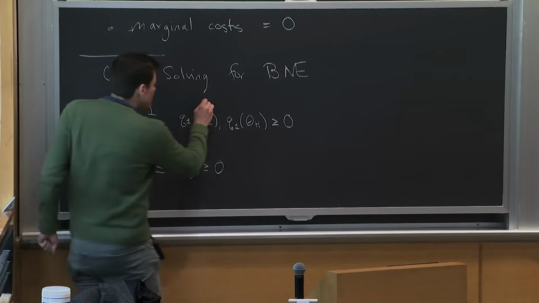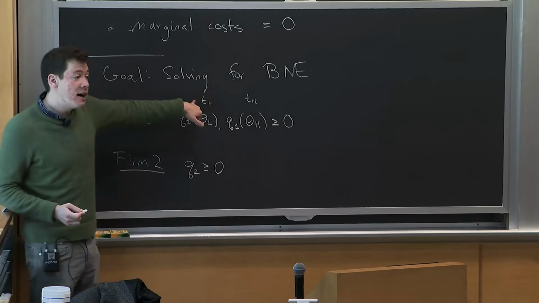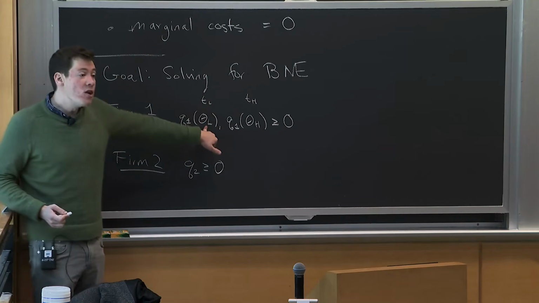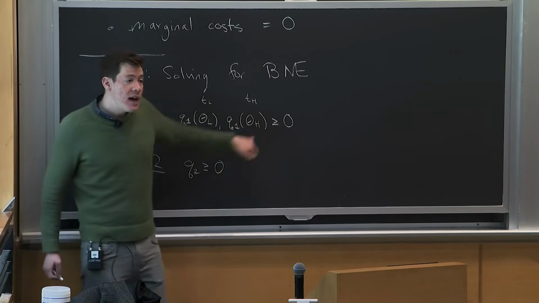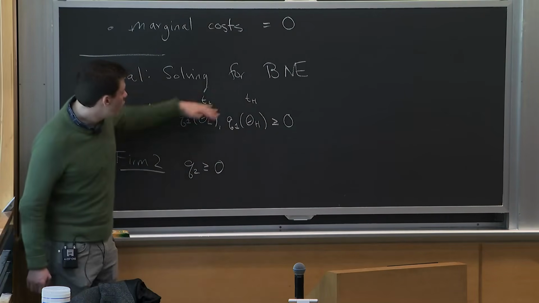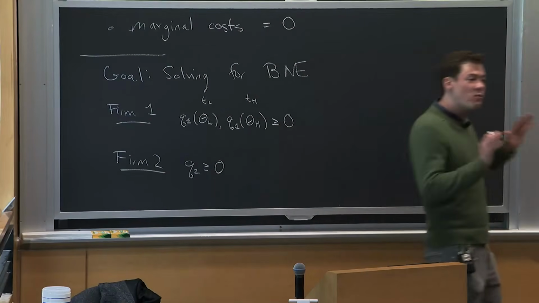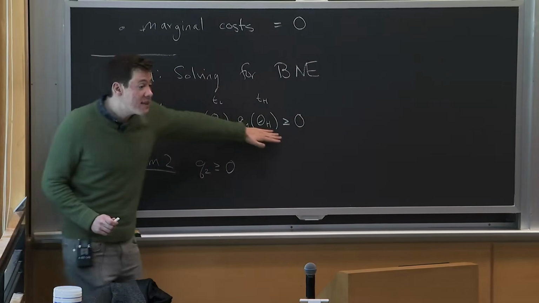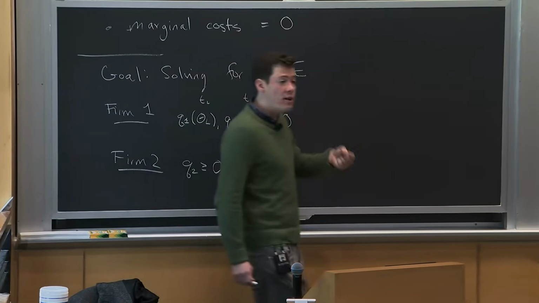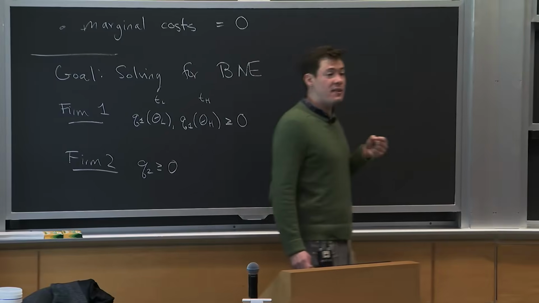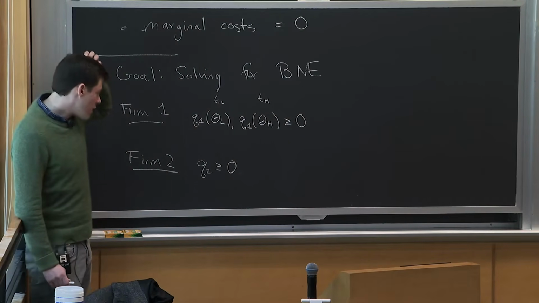The way we wrote it last time is we would have said firm 1 has type TL, and when their type is TL, they know the state is theta L. And when their type is TH, they know the state is theta H. If we wanted to be really formal, we would write Q1 of TL and Q1 of TH. But then you have to keep track of the T's and the thetas, so we're going to take a shortcut and write it this way. But the understanding is that the reason we write theta L here is this is the type of firm 1 who knows for certain that the state is theta L. I want to be clear about that interpretation. OK.